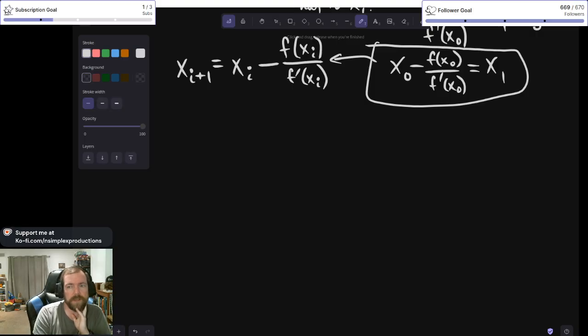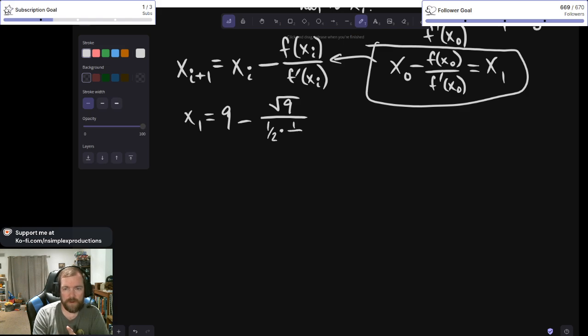Okay, so this means that x sub 1 is going to be equal to x sub 0, which was 9, minus f at x sub 0, which is square root of 9, divided by f prime, which was again 1/2 times 1 over square root of 9.